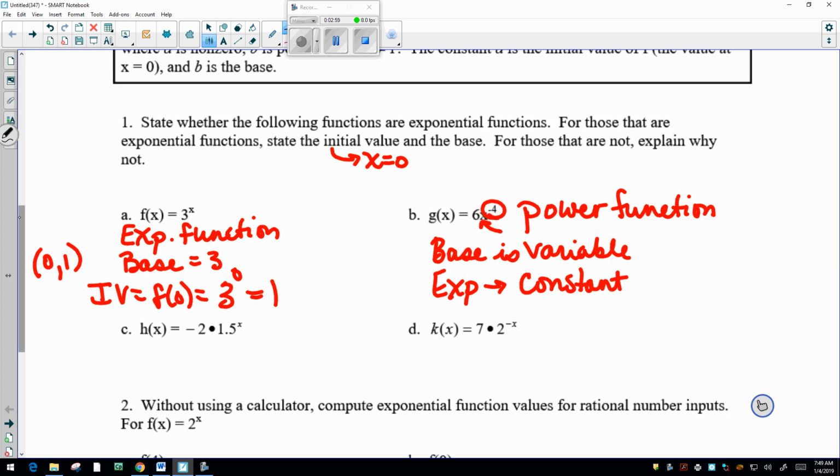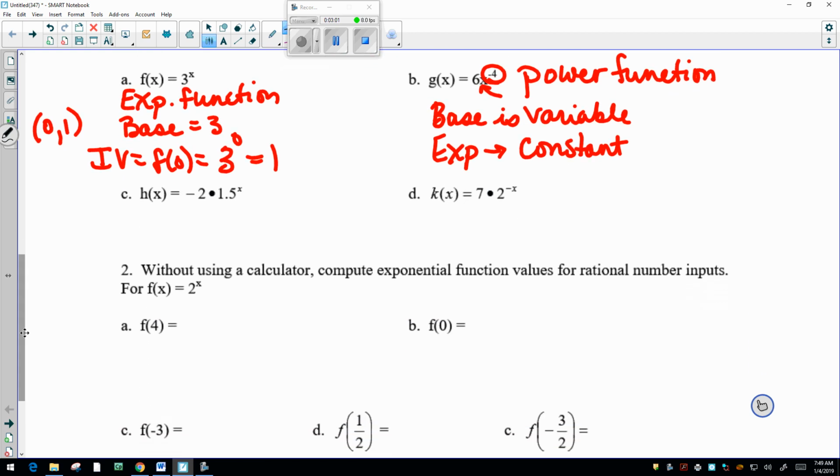Okay, if we're looking at letter C, this is, yes, an exponential function. So if I'm trying to determine the base of this function, now this is a little different because we had a number in front. The base is always what the exponent is raised to, and only the number that the exponent is raised to. So we can say here, the base is 1.5. To find that initial value, again, keep in mind what you're doing is you're making x 0.